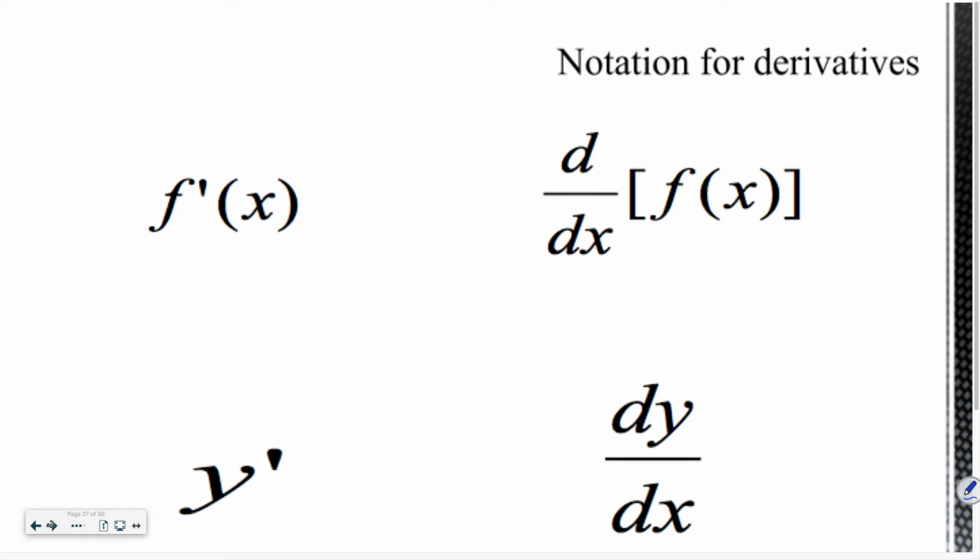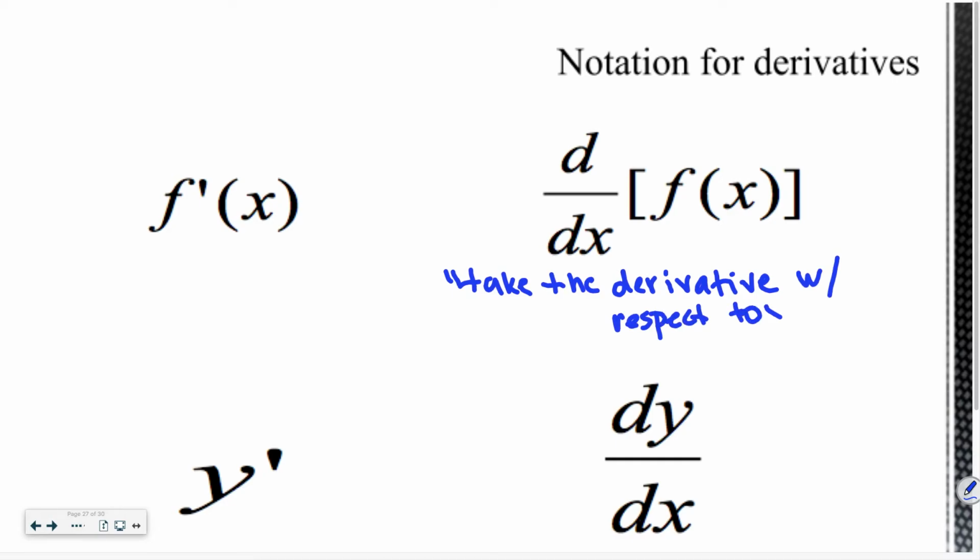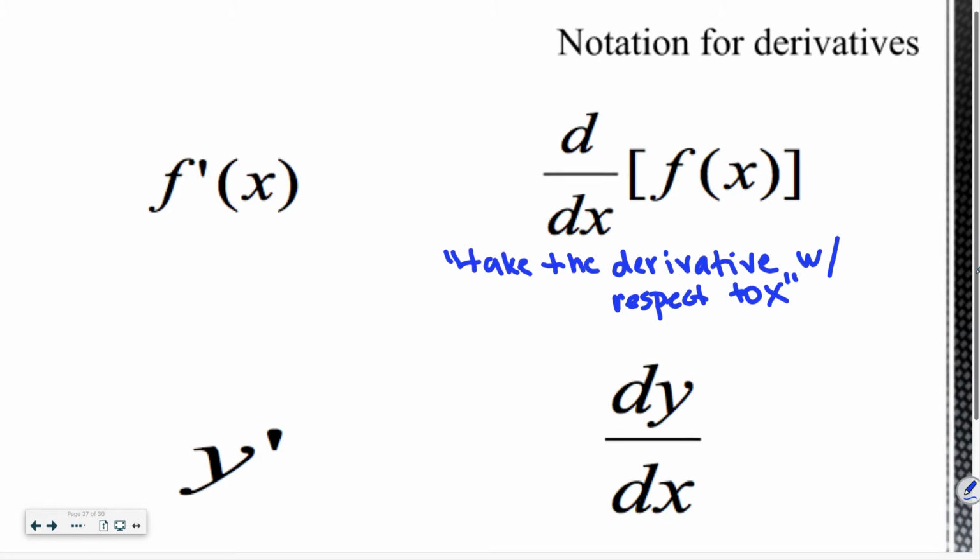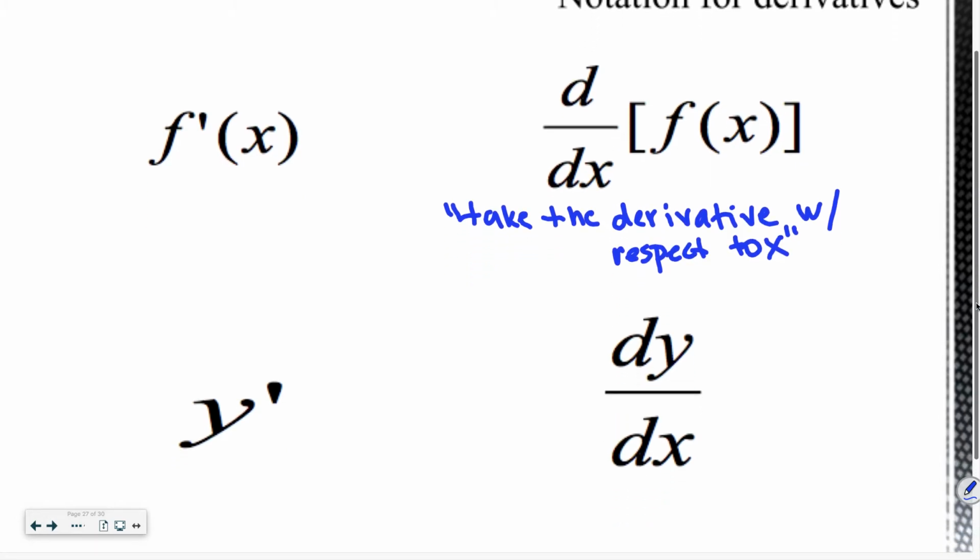This notation right here means take the derivative with respect to x of, and then dy over dx, that's a very popular one. dy over dx describes change in y over change in x, which is slope.